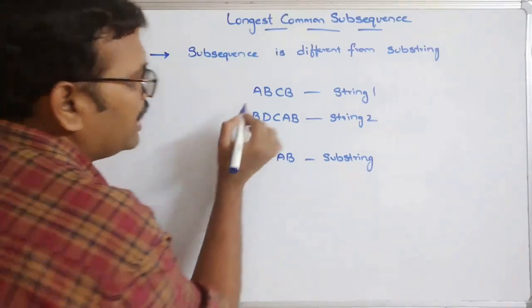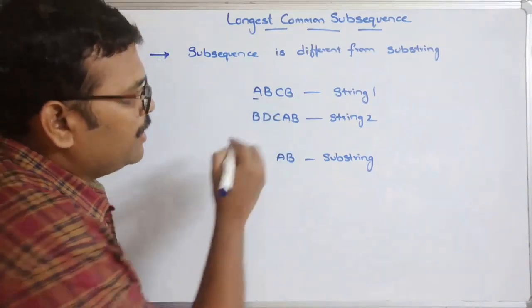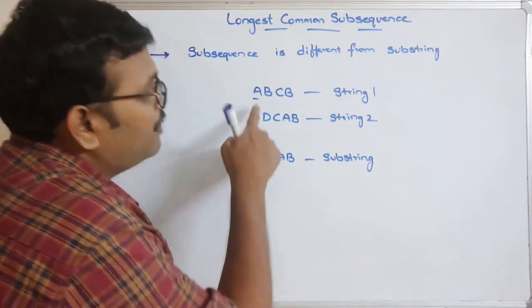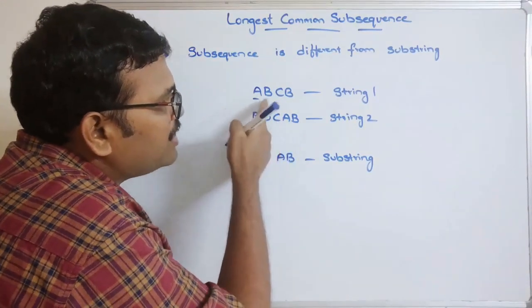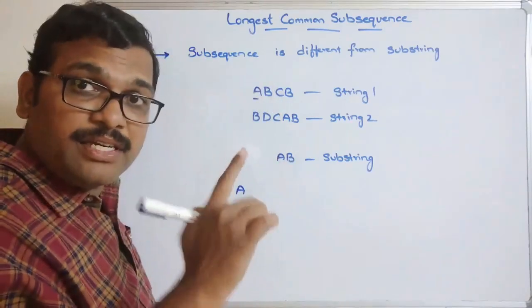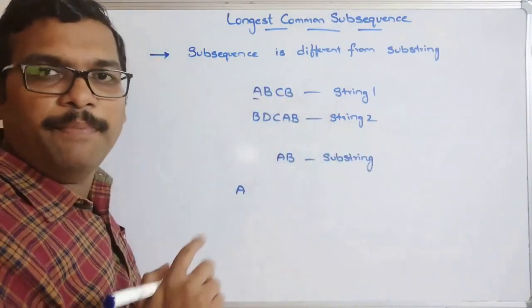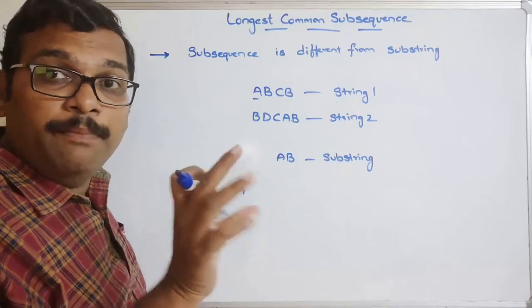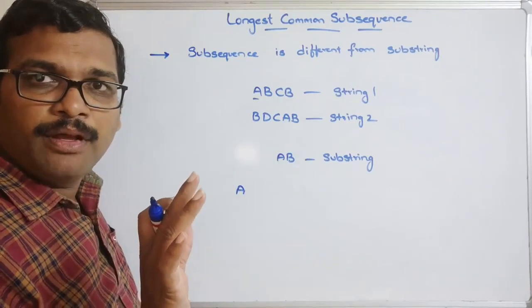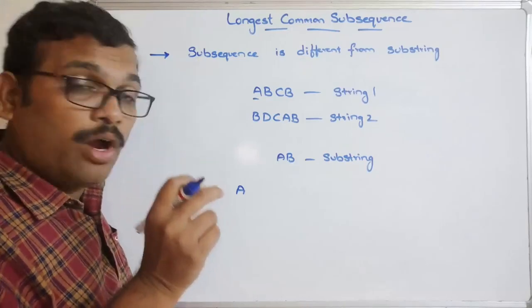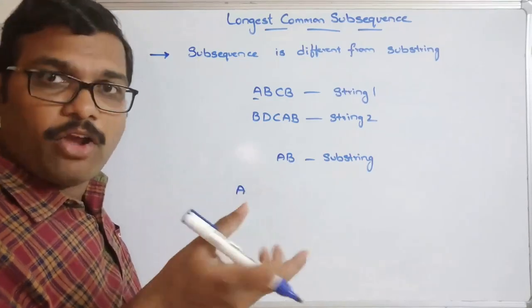Okay, first let us take A. In this we can see the particular sequence. That means A should appear first and next B should appear. In between there can be any number of elements, no problem. That means there may not be a consecutive.